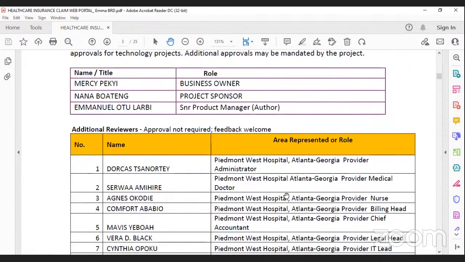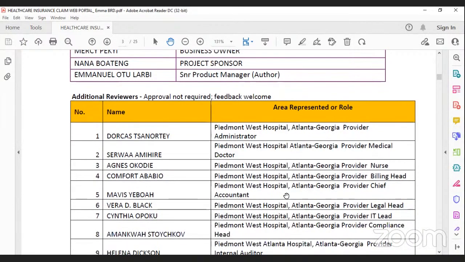Yes, so together we came together as a team to build this document, and as the stakeholder rightly said, it is an engagement with providers, and we need a lot of providers and other individuals to really partner with us on this project. So as a team, we took the pain to really engage these individuals. If you look here at the additional reviewers, you can see the providers.